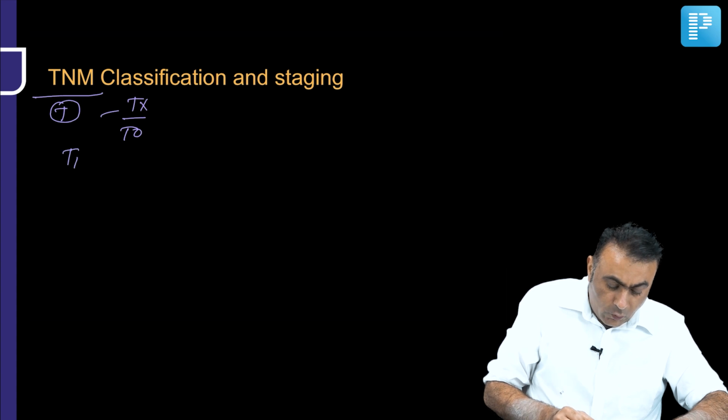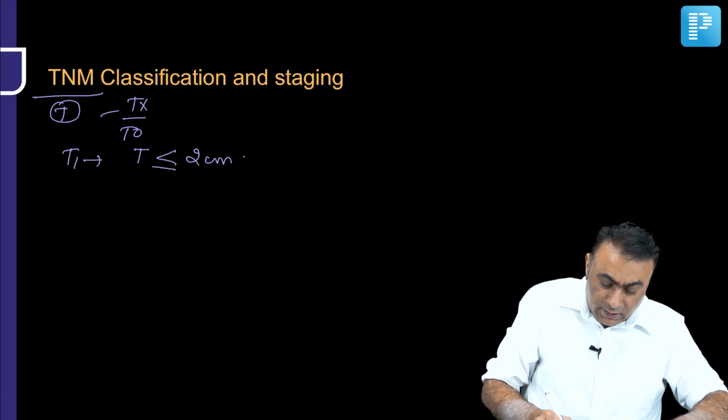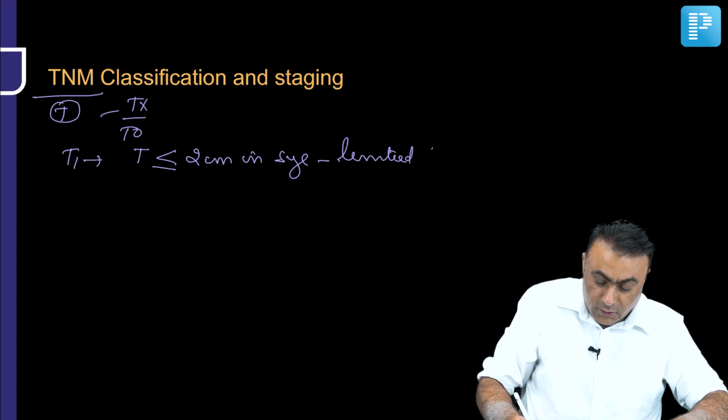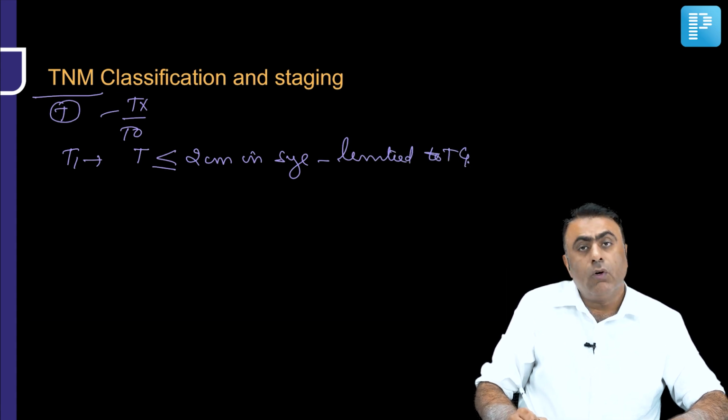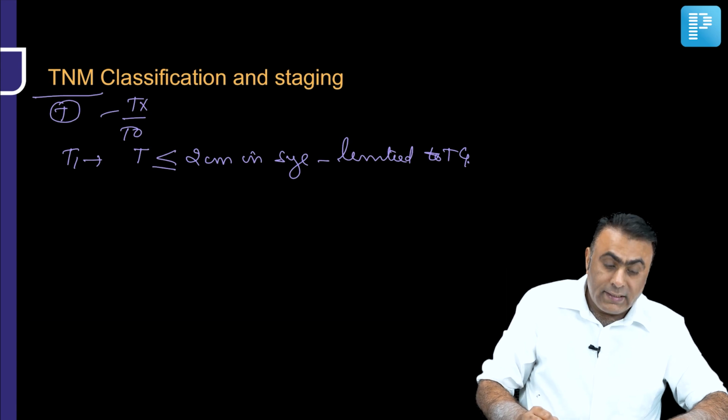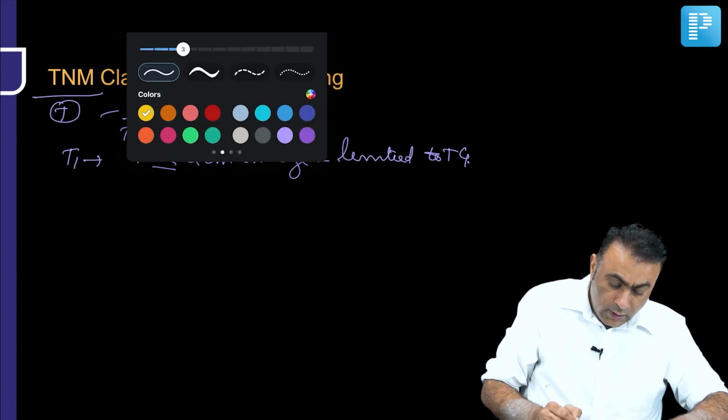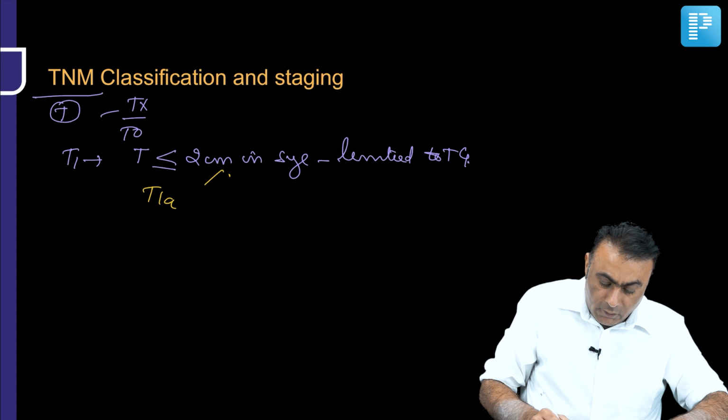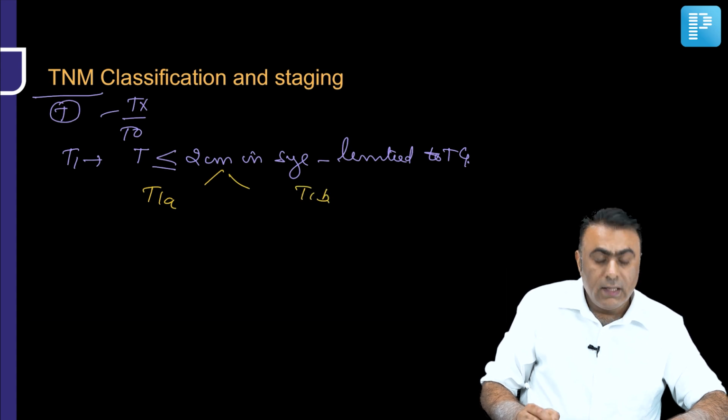Now, what is T1? T1 is a tumor which is less than or equal to 2 centimeters in size and limited to the thyroid gland. T1 can be divided into T1A and T1B. What is T1A?